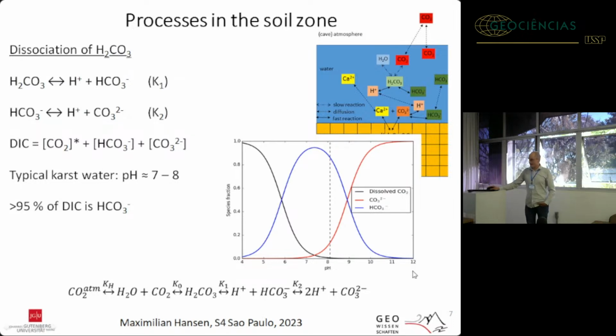And for even higher pH values, the carbonate ions will be the dominant species again. Yeah. So this is just again the overall reaction, what I showed you before. You have the dissolution of gaseous CO2 in the water, and then all the different reaction constants, which are dominant depending on the surrounding pH value.